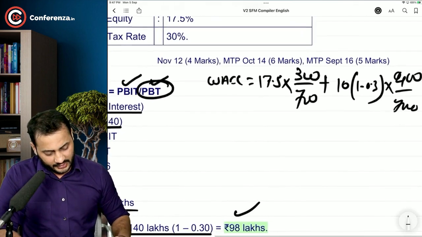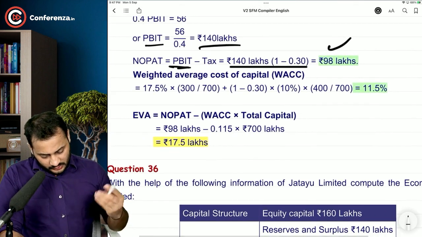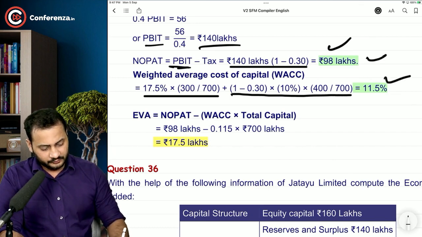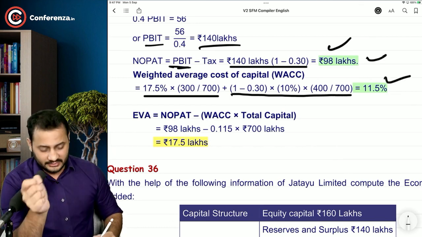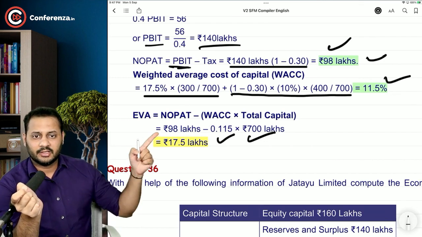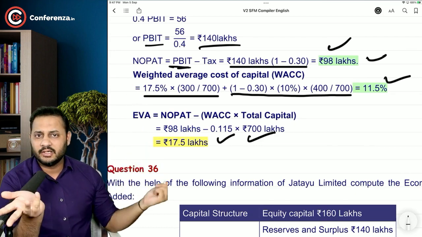And this way you can calculate the WACC. Have a look. 17.5 into this, after tax cost of debt into this. The total capital is 700 lakhs, weighted average cost of capital, and 98 lakhs of the operating profit. EBIT 1 minus tax. EVA is ready.